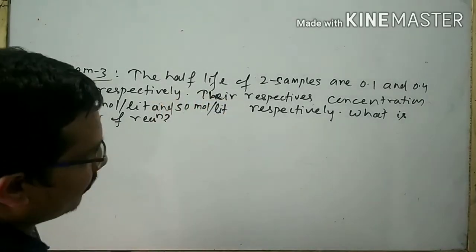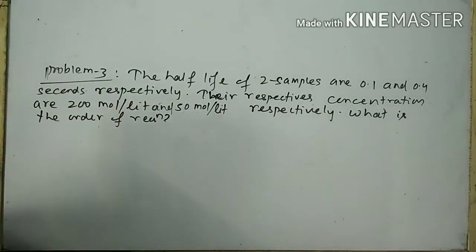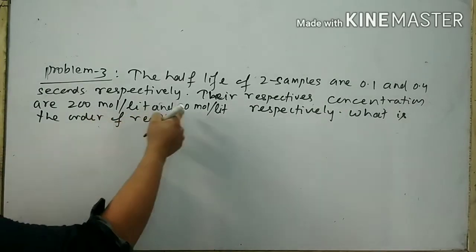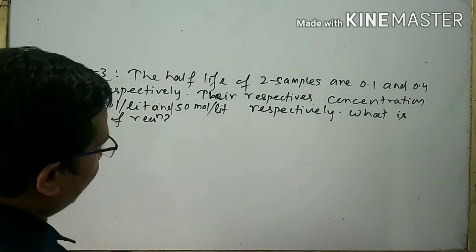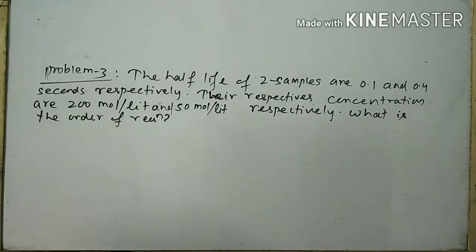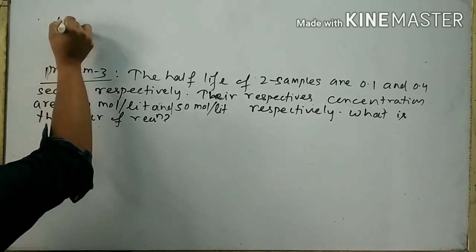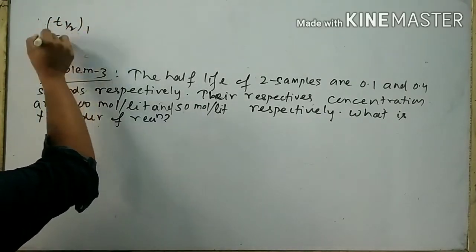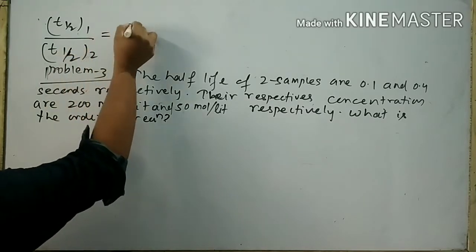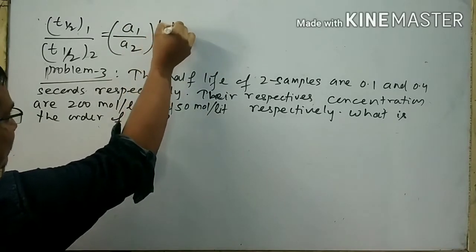Now I will solve problem number 3. The half-lives of two samples are 0.1 and 0.4 second respectively. Their respective concentrations are 200 mole per liter and 50 mole per liter respectively. What is the order of reaction? Before solving this problem, it is important to remember a formula: T half 1 by T half 2 equal to A1 by A2 whole to the power 1 minus n.